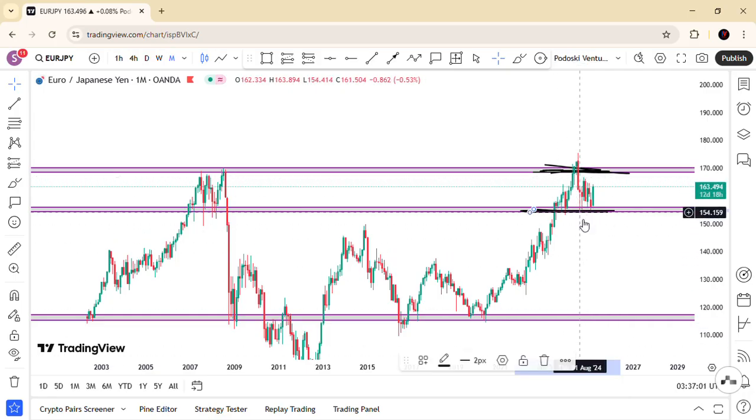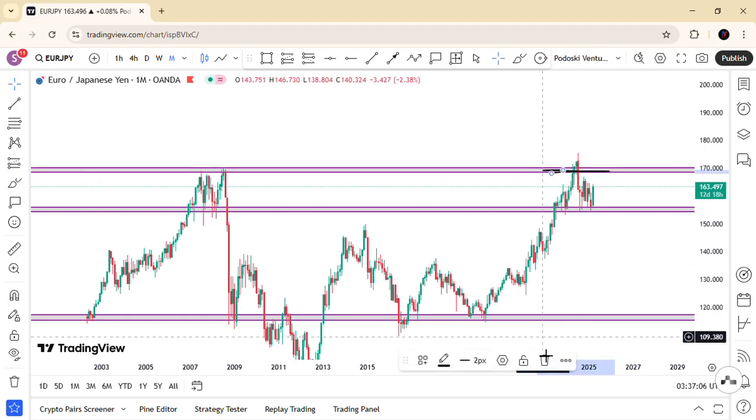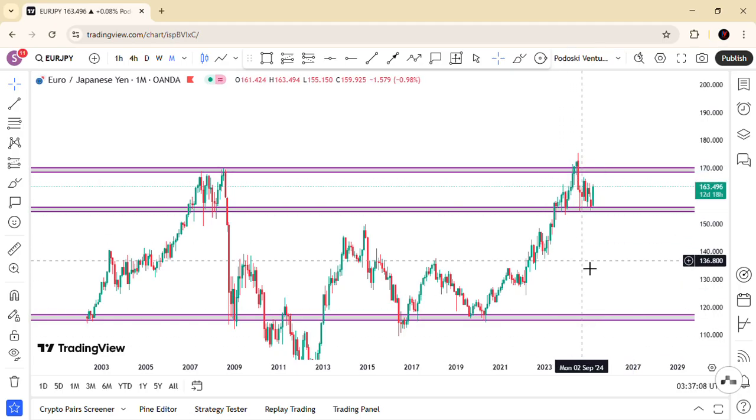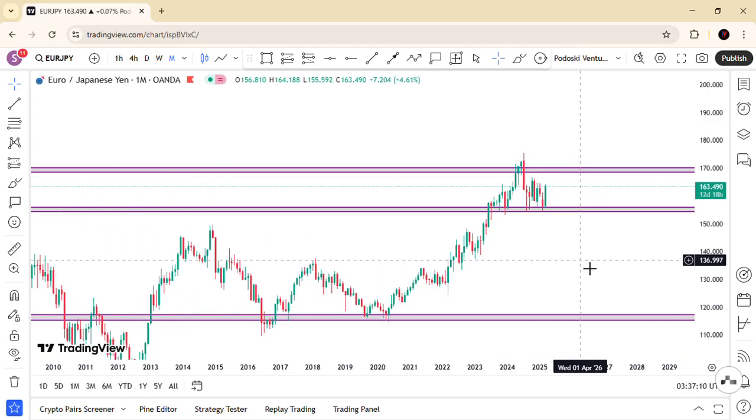Now that you know price is in an uptrend, we go on to the lower time frames and look for buying opportunities.